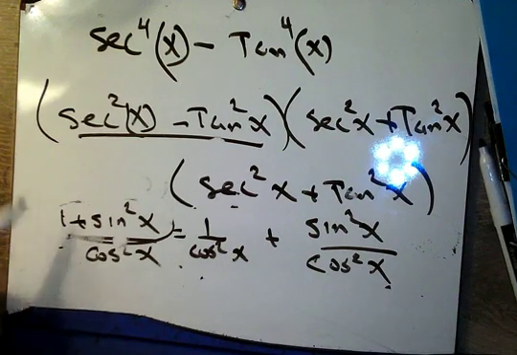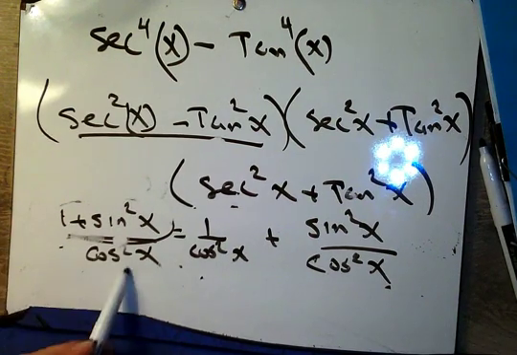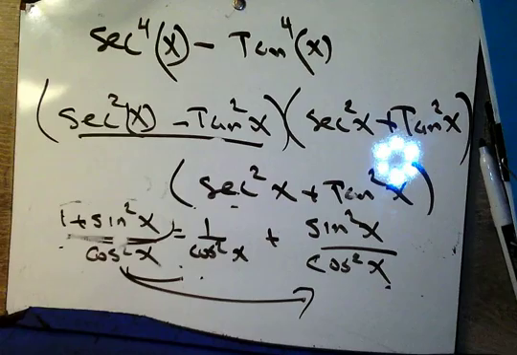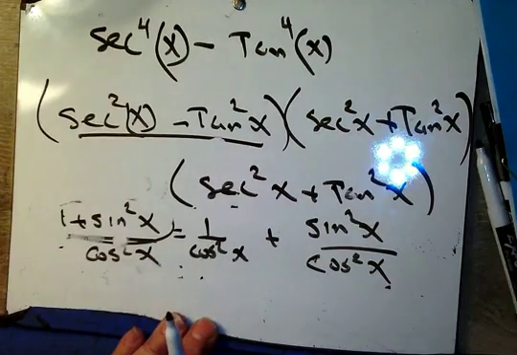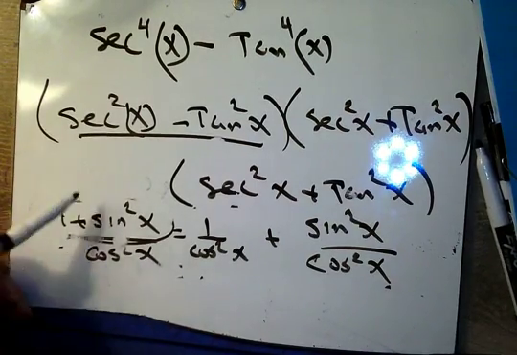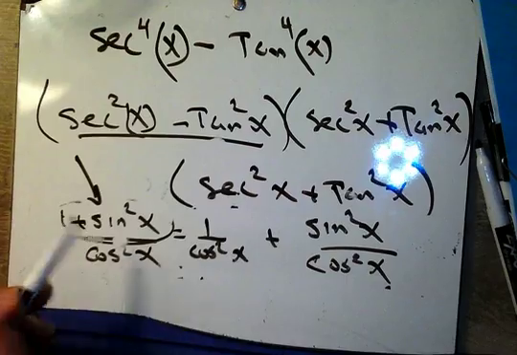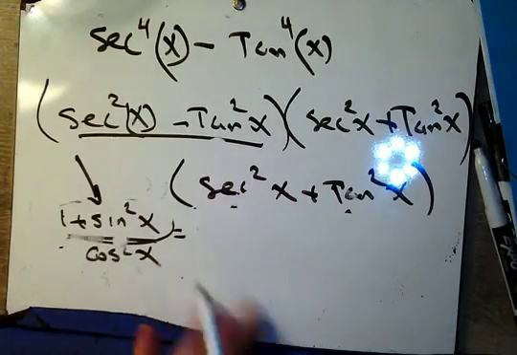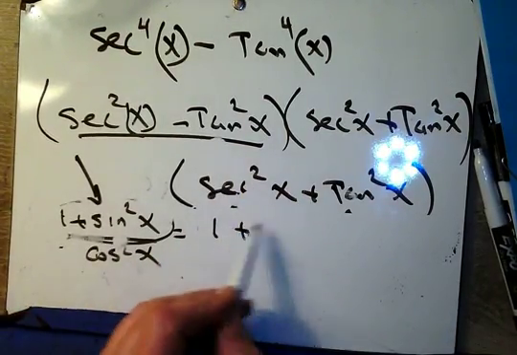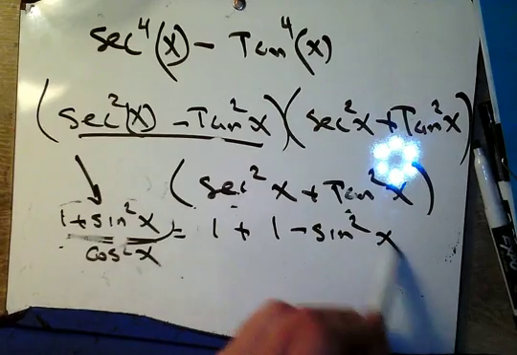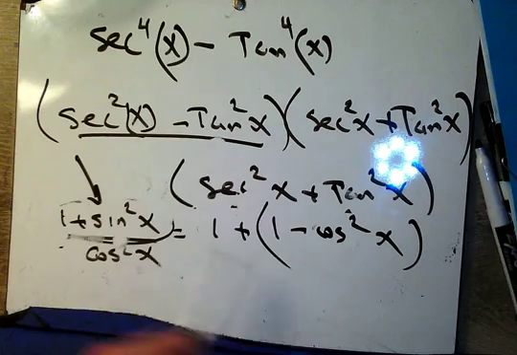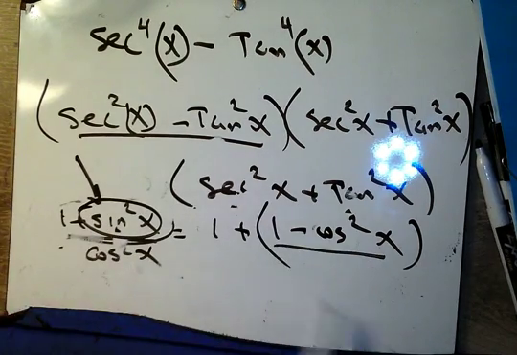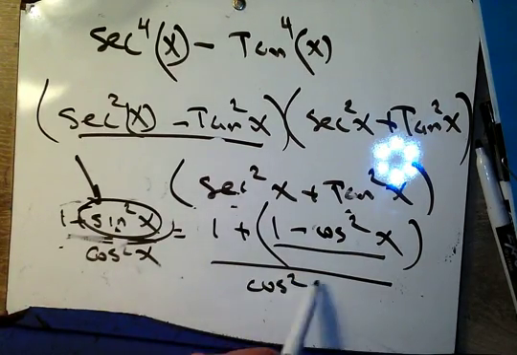Well, here's the thing. The only thing I think to do here is to go back the way I came. I guess if I didn't want to split one fraction into 2, I could do something like this. Hey, isn't sine squared equal to 1 minus cosine squared? Sure. So I'm replacing this with this, all over cosine squared.